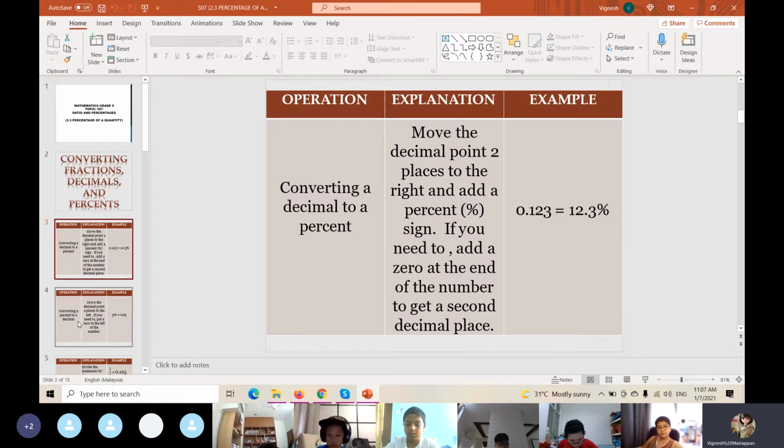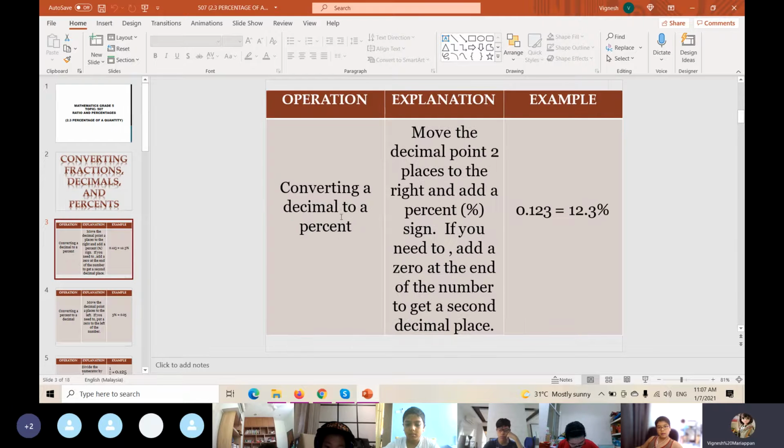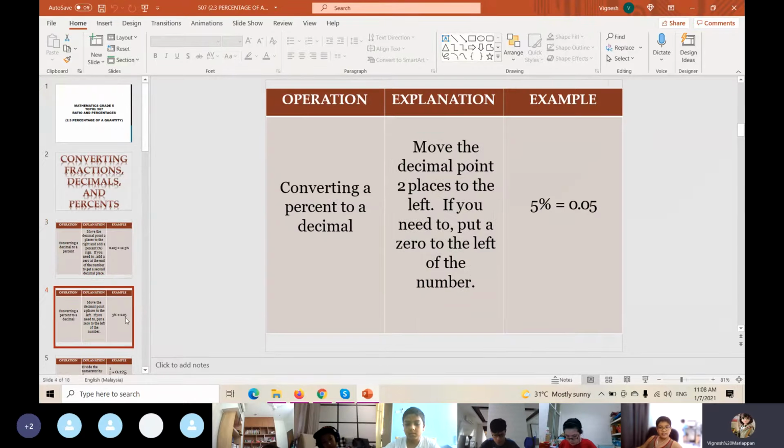Okay, so this is how you convert the decimal to a percent. But how do you convert a percent to a decimal? You have to move the decimal point 2 places to your left. Just now I explained that when you convert a decimal number to a percent, you move 2 decimal places to your right, and vice versa.